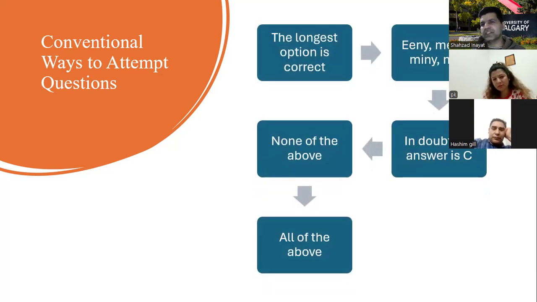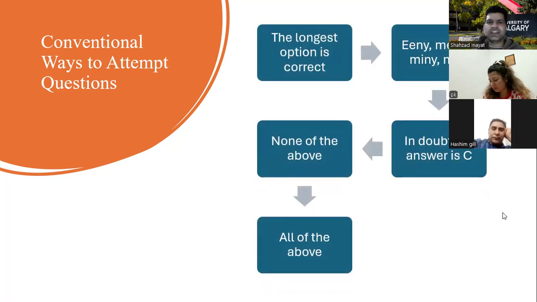There are some conventional strategies that most of us have used in our previous years. I'm going to show you what those conventional ways are.